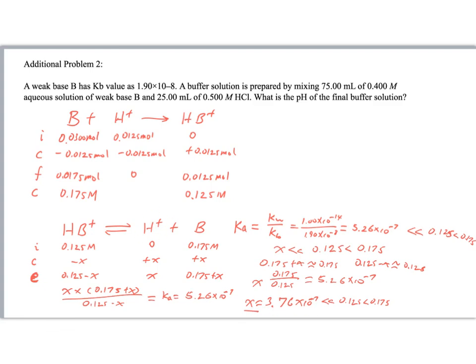So we have H+ equal to 3.76 times 10 to the negative 7, and pH equal to negative log of H+. We plug in this number, which gives us a pH of 6.425.